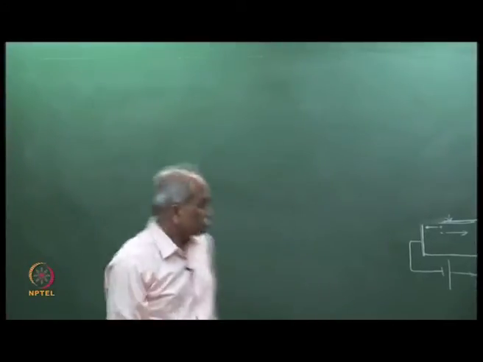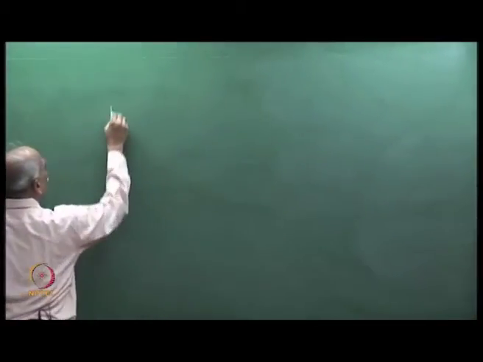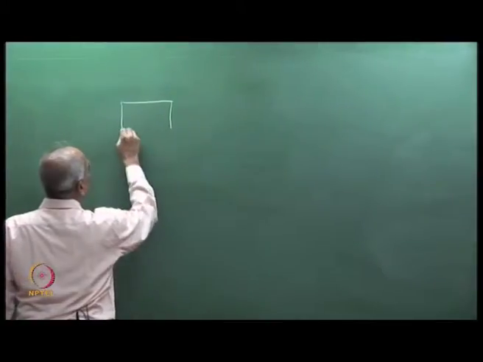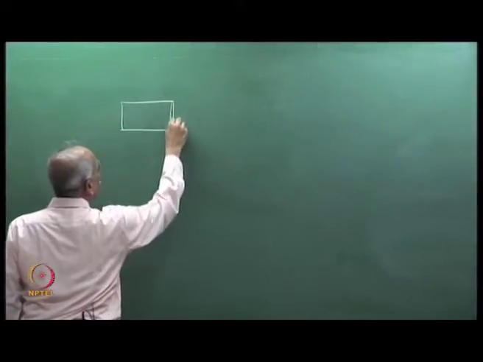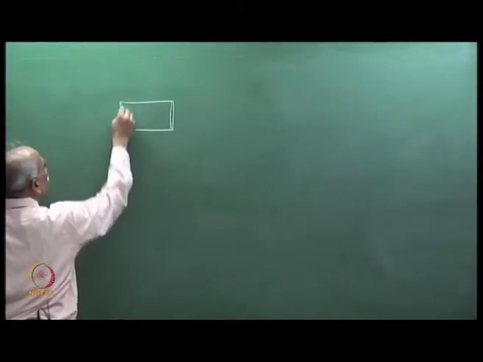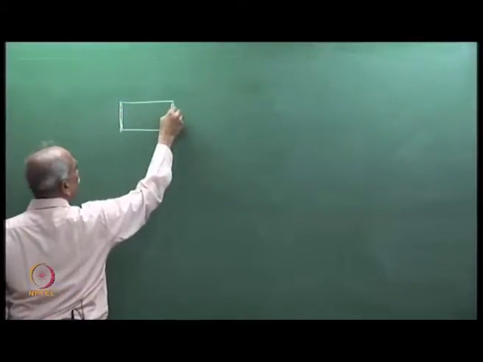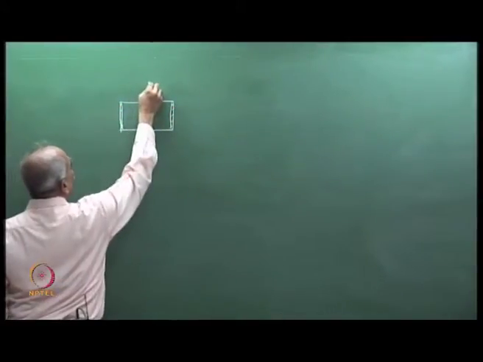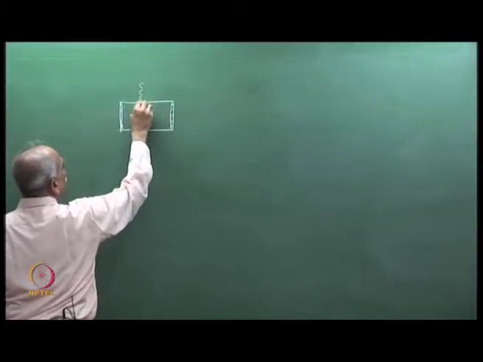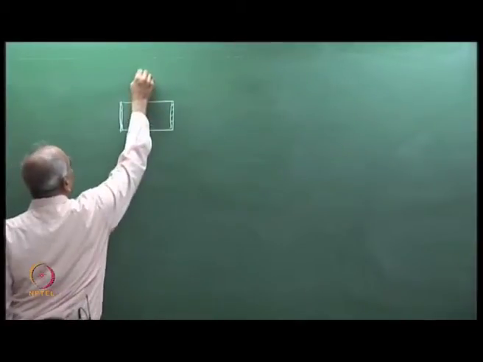Okay. So, let me redraw this diagram. Here is the detector material, with 2 electrodes deposited. This is the semiconductor material on which, let us say, one photon is incident.